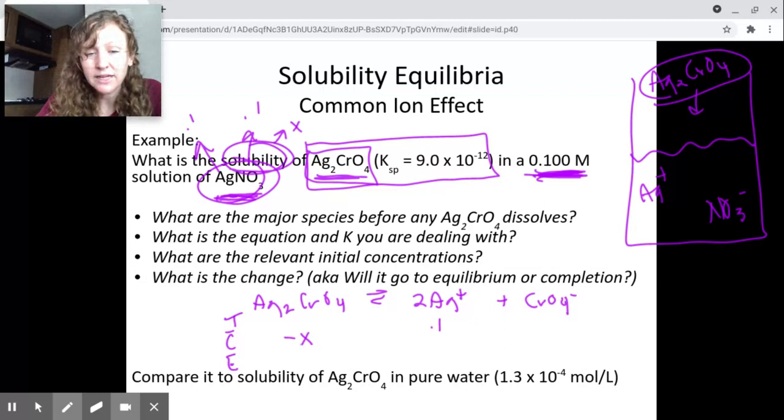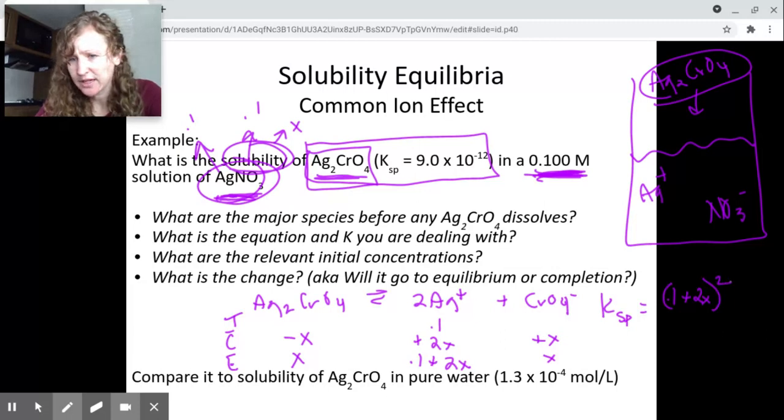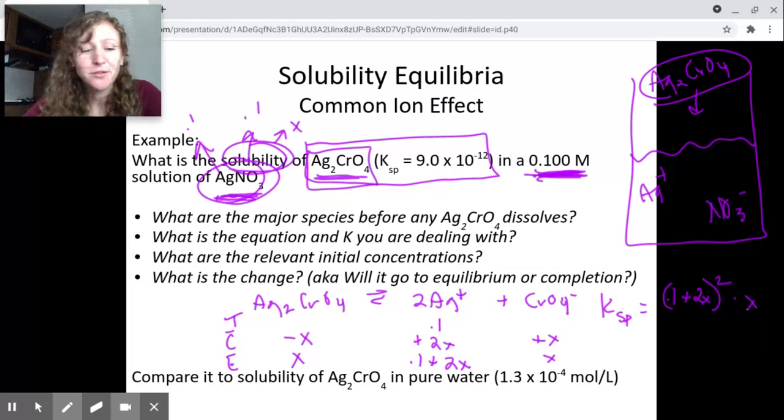So I'm going to keep that as an X, plus 2X, plus X. So my equilibrium positions will be X, 0.1 plus 2X, and X. So I can plug that into my K equation. So 0.1 plus 2X, remember, you've got to square that because of the coefficient, times X. And now we solve for X.